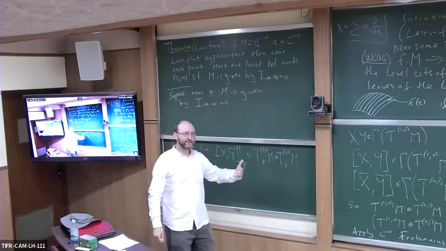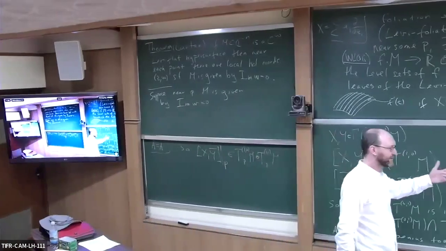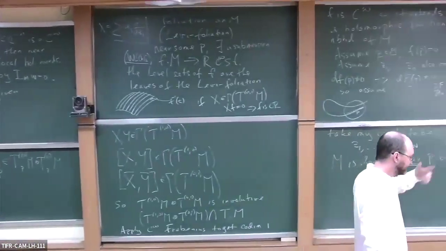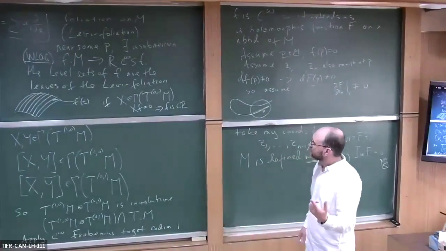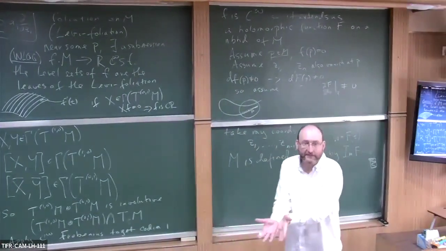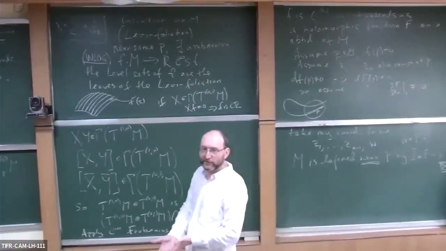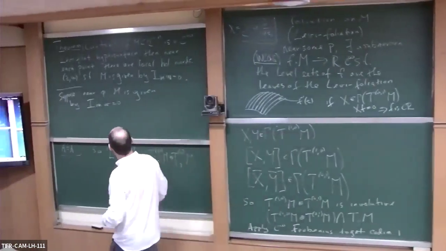Now I can think of it as giving me a foliation on a neighborhood in C^n, an actual holomorphic foliation, and I can get it in a number of different ways.